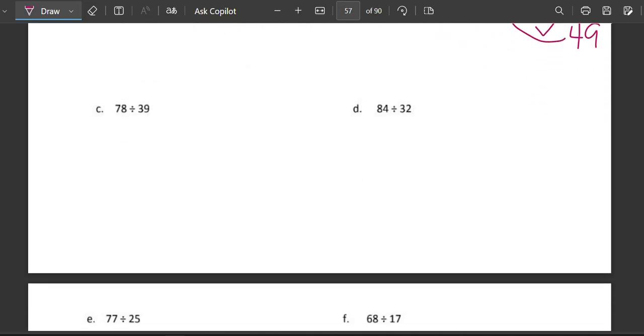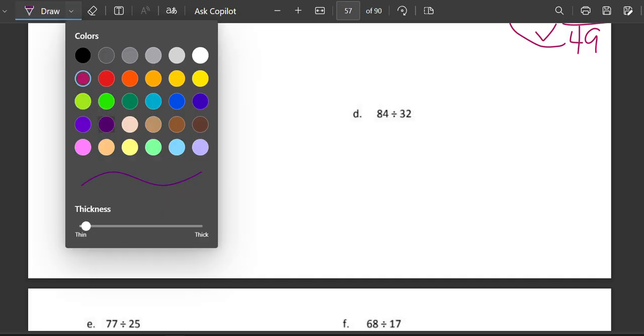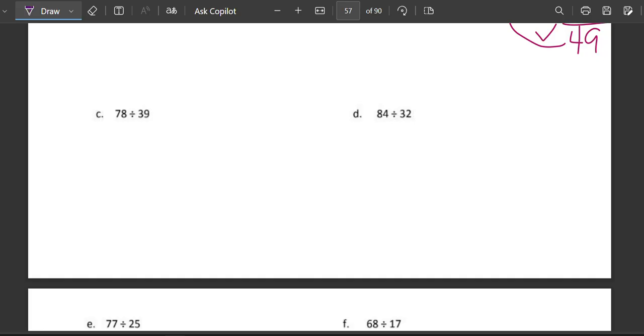Let's go ahead and look at the next one. Let's start out with an estimate. 39, I'm going to round that to 40. And I'm going to round 78 to 80.